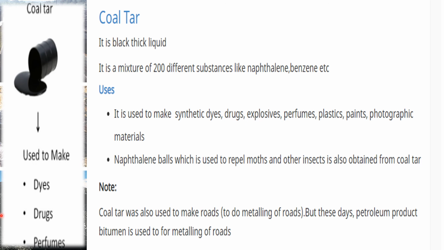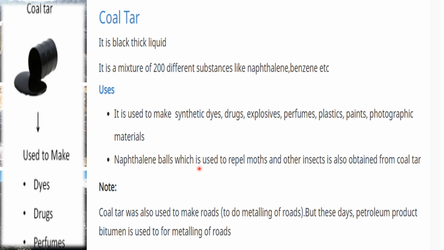Thus, the naphthalene balls used to repel moths and other insects are obtained from coal tar, and it is a black thick liquid, a mixture of 200 different substances like naphthalene and benzene, etc. It is used to make synthetic dyes, drugs, explosives, perfumes, plastic, paint, photographic materials.